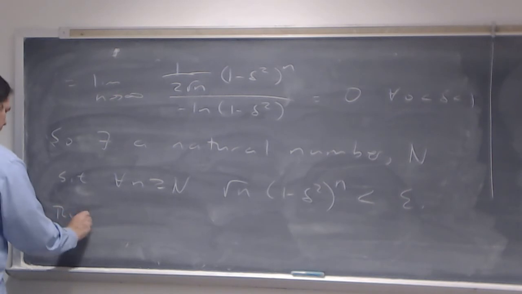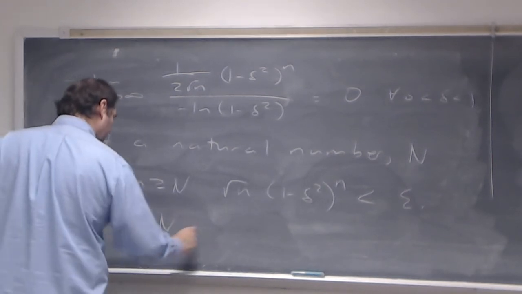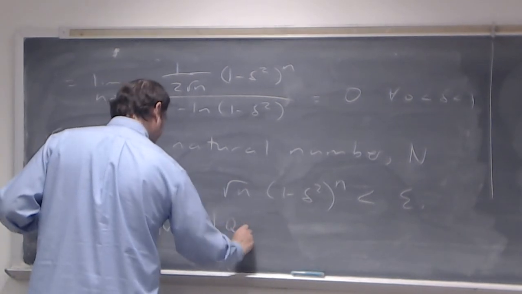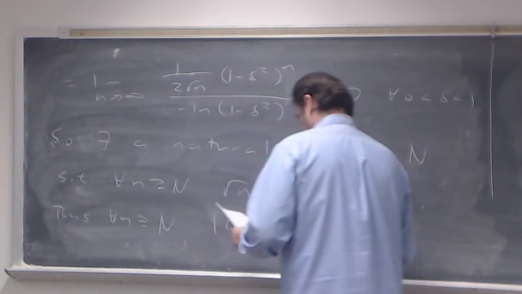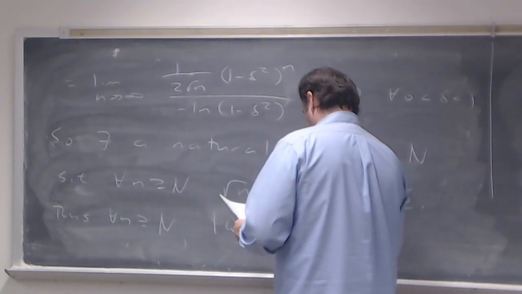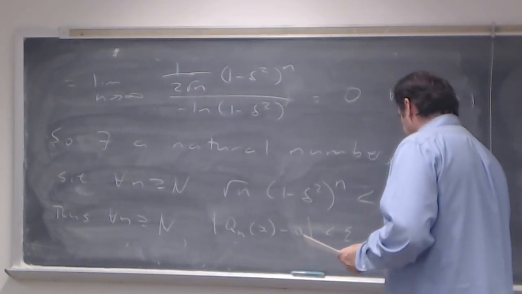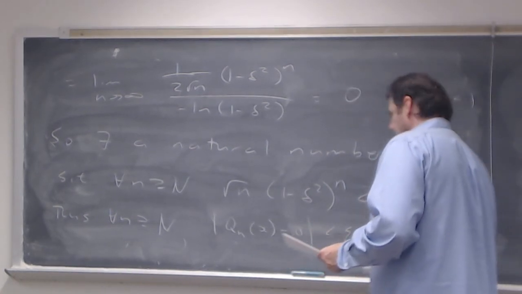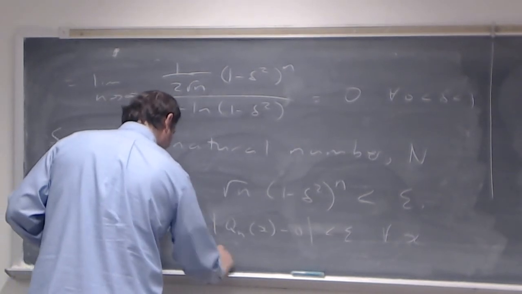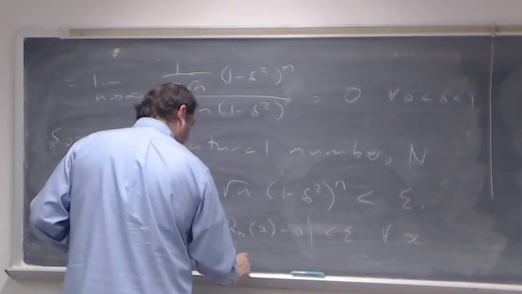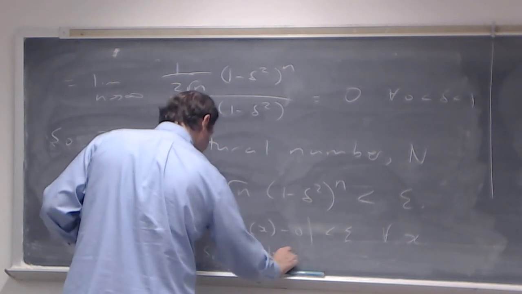Thus, for all n bigger than or equal to big N, the absolute value of q sub n of x minus 0 will be less than epsilon, but not for all x, only for all x's such that delta is less than or equal to the absolute value of x, which is less than or equal to 1.